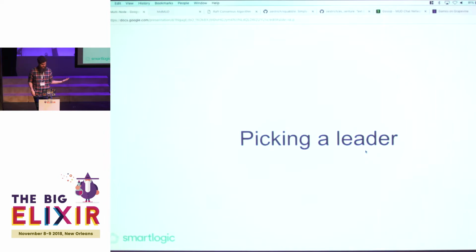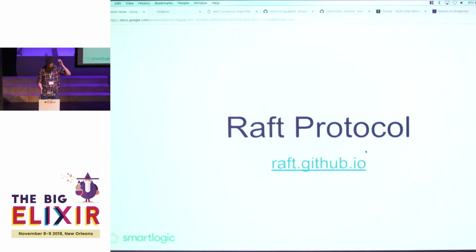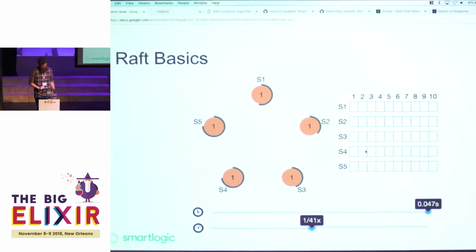Next we have to pick a leader. I went with the Raft protocol, which is a consensus algorithm. There's a few other things in the Raft protocol, but I just went with the leader selection. Raft has a pretty great visualizer for how this works. Here are our 4 nodes, and you can see the different timers. These timers are counting down to when a node will try to say, hey, pick me as a leader.